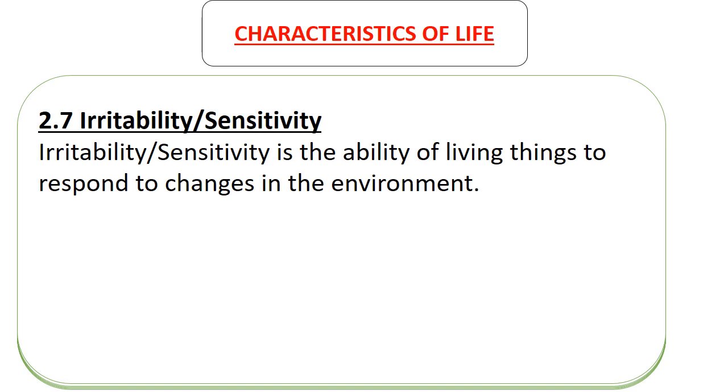A living thing must possess all characteristics of life. So if it is sensitive to the changes in the environment, you have to also check the other characteristics. Does it move? Does it reproduce? Does it respire?